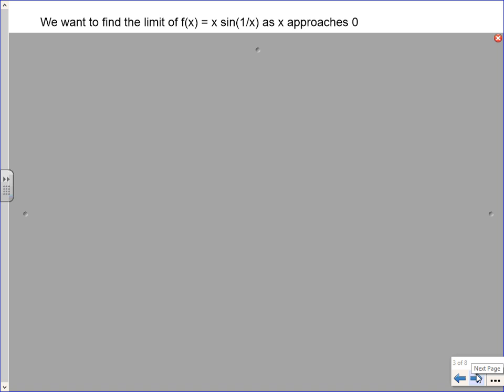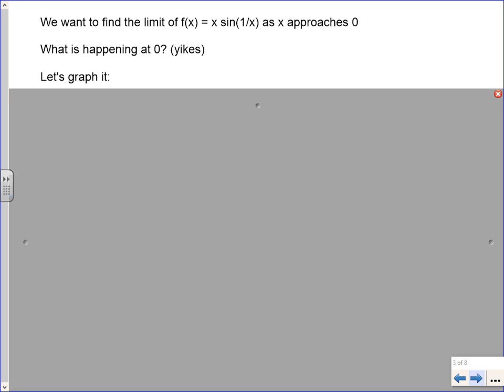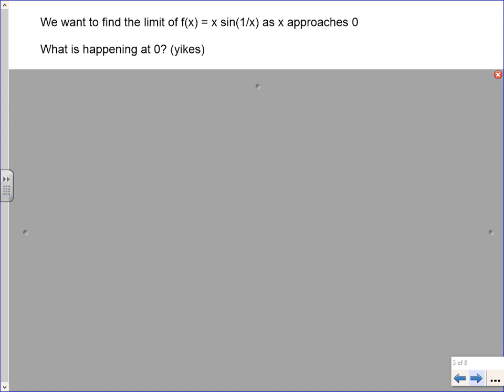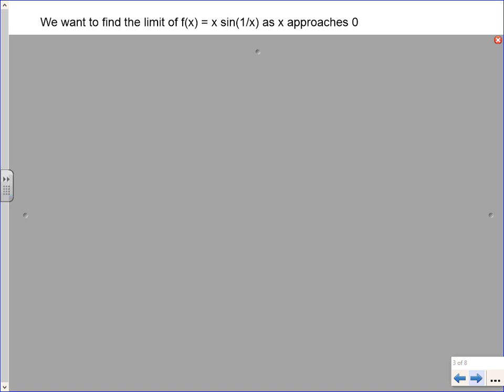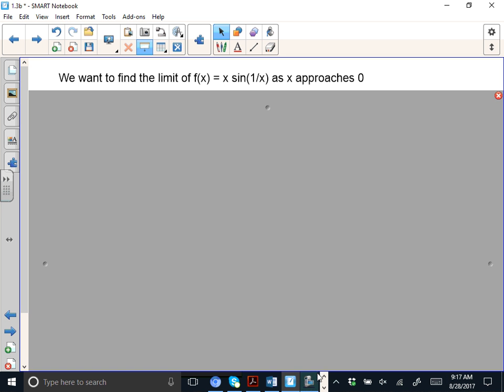We want to find the limit of f of x, x sine of 1 over x, as x approaches 0. So first of all, can we use direct substitution and just plug in 0? No. All right, let's get our calculators out and graph this to see what it looks like.